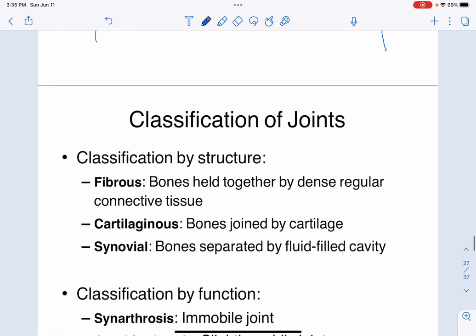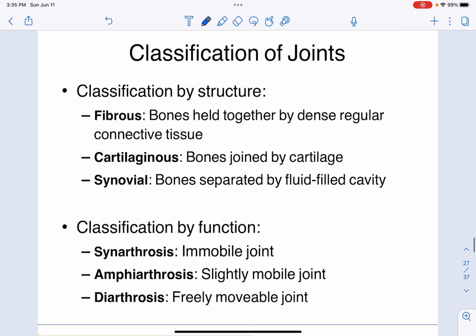So joints can be classified in two categories. So we can classify joints based on their structure, okay? And there are different types of structures that you're going to see within joints that I will go over.